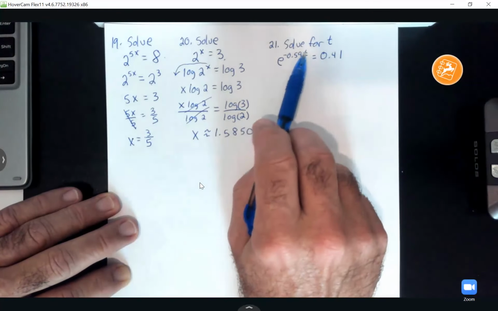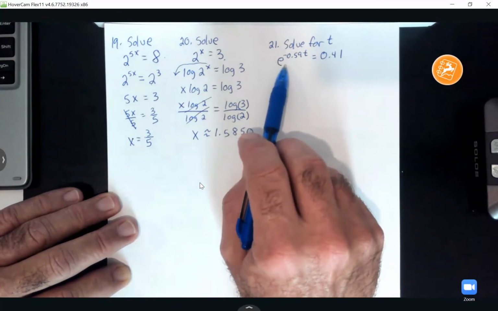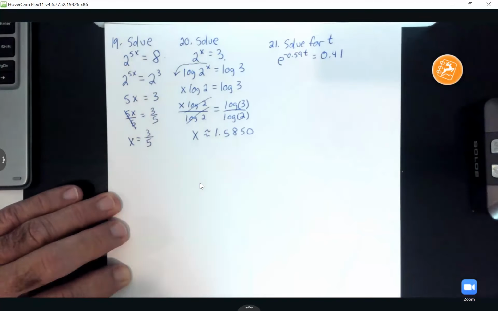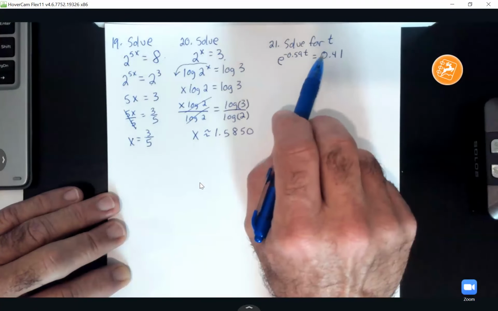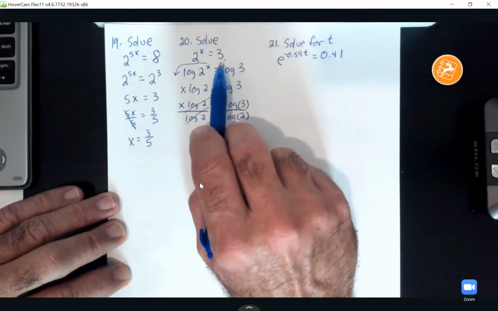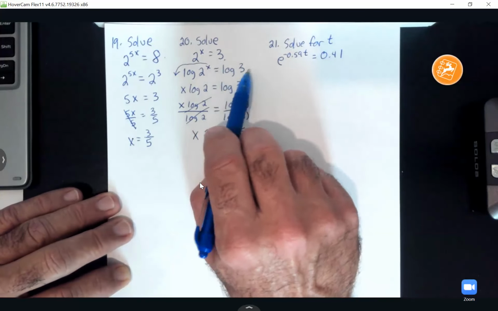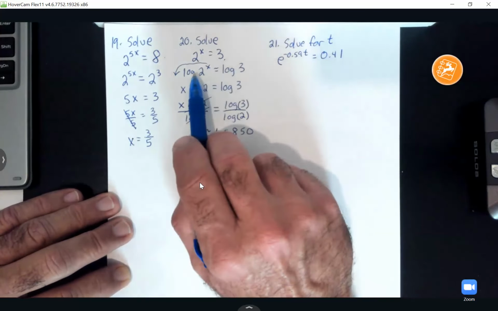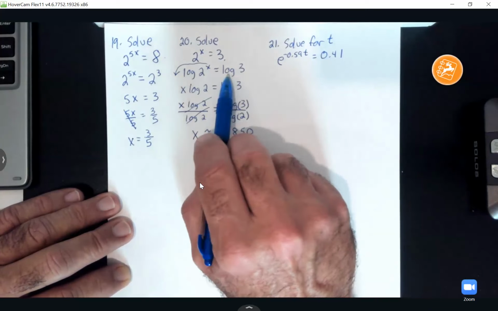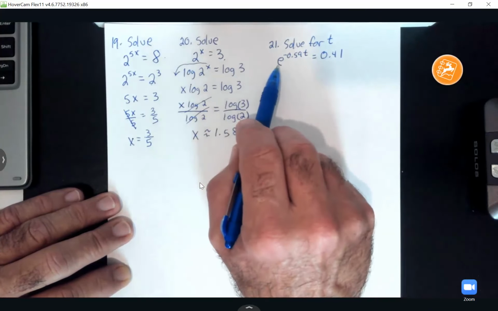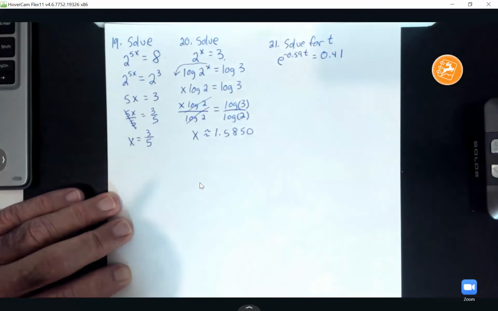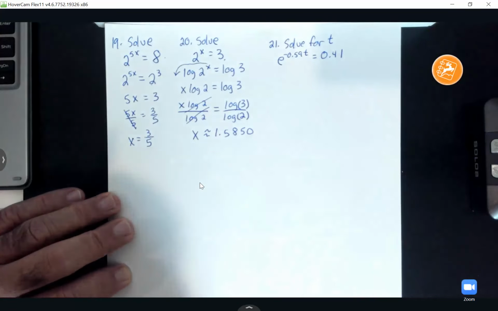So this is exponential, but they threw the e at us on this one. Now, I do this one a little bit different than I did this one. Going to use the same process, but I'm not going to take a log of both sides. Since I got that e here, I'm going to take ln of both sides.